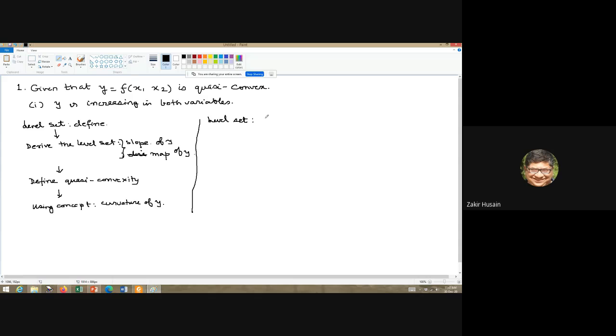So what is the level set? Roughly, what we are doing is, if you are given a function, we set y equal to y bar. Okay.